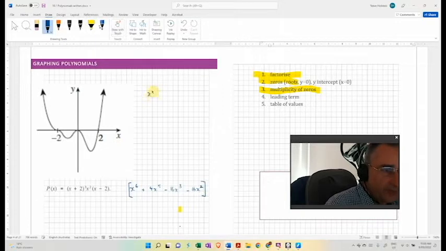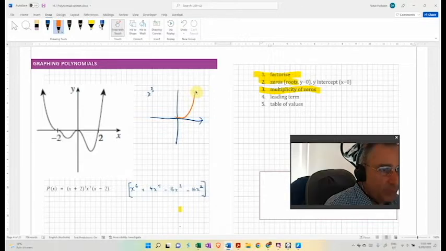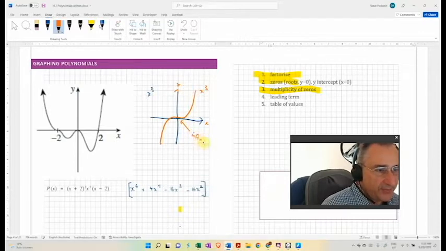I'll just put in a quick axis here, and we know that x cubed, I might just change the color on that, goes from when x is a very high value, x cubed is high, we go through a point of inflection, and then as x goes negative, x cubed goes negative. So 2 cubed is 8, minus 2 cubed is minus 8, and we go through a point of inflection. We've dealt with that before.